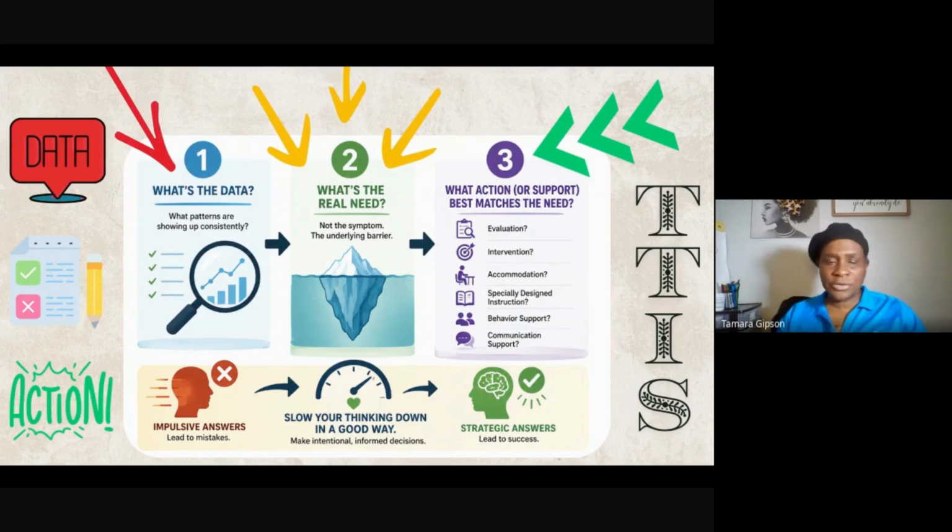Understand the need that they're describing, and then be prepared to have a good action. This framework helps you to slow your thinking down in a good way, because the exam punishes impulsive answers. They're waiting for you to pick those answers, and let's not give them the satisfaction of losing those points.